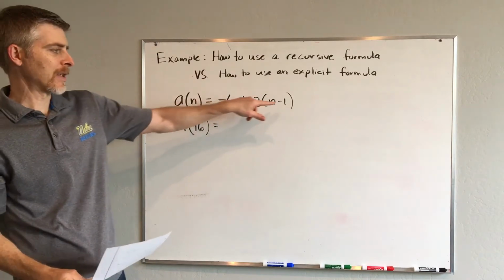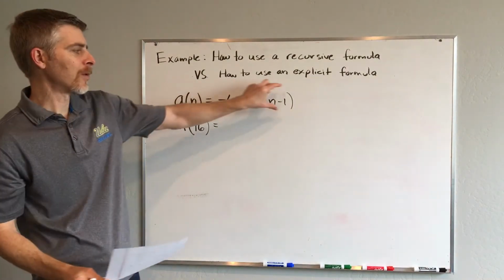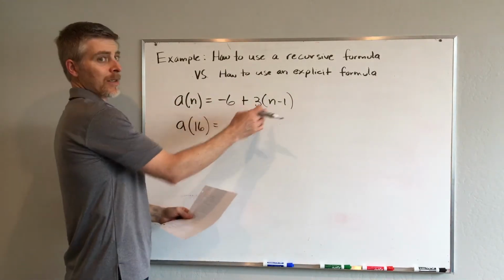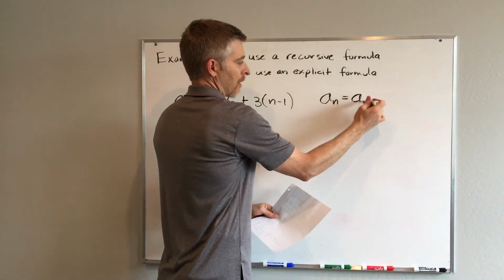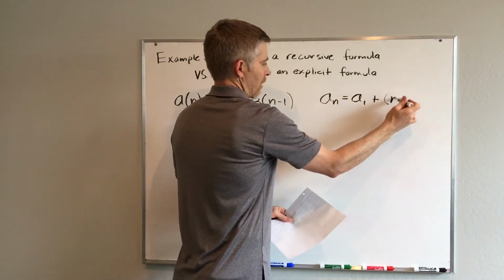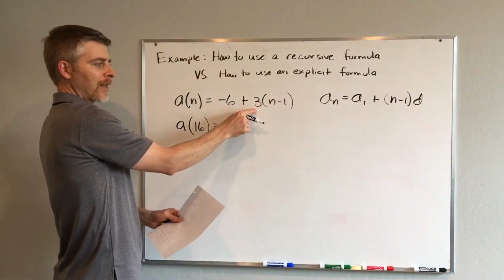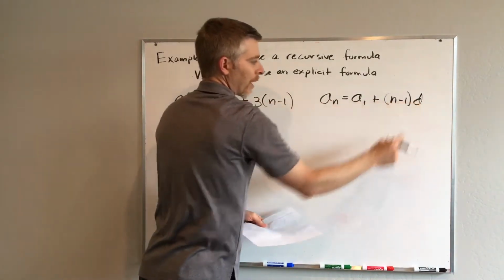This is an explicit formula. You can tell because they only gave you one equation. You can also tell because it is the explicit formula, which is a sub n equals a sub 1 plus n minus 1 d, except they're writing d on the left side of the parentheses instead of the right side.